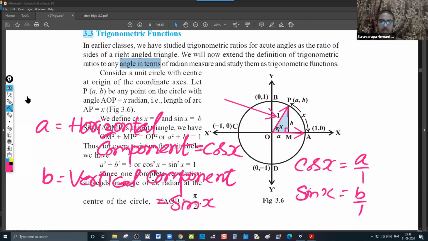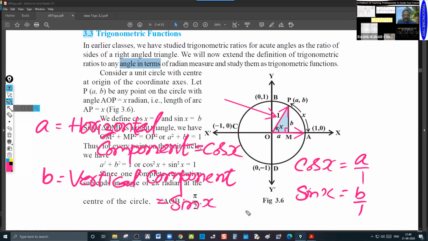Yes, true. So x is equal to 0, you are getting cos 0. Cos 0 is nothing but the horizontal component, and you can see it is 1. You have to understand this carefully. If you do not understand, please ask me.